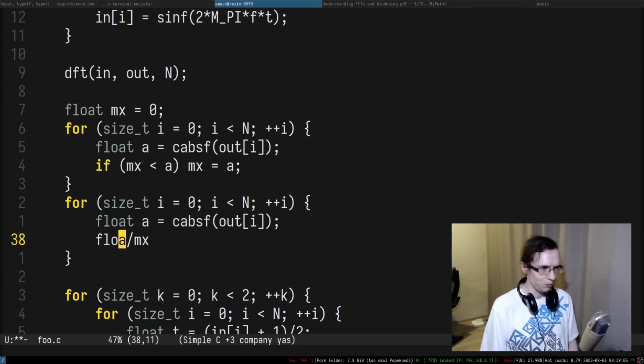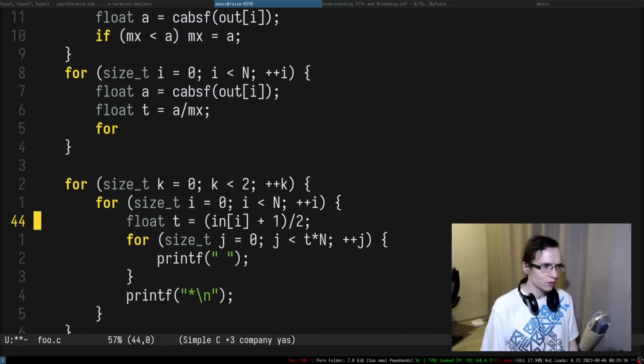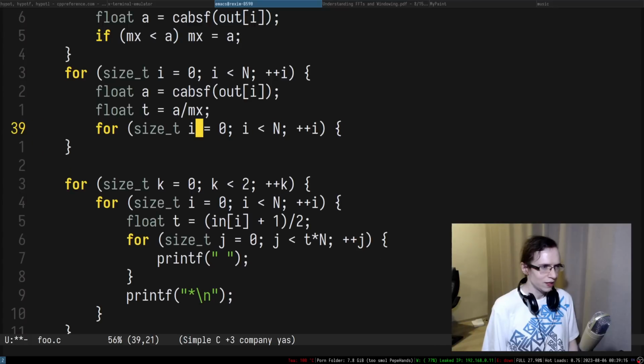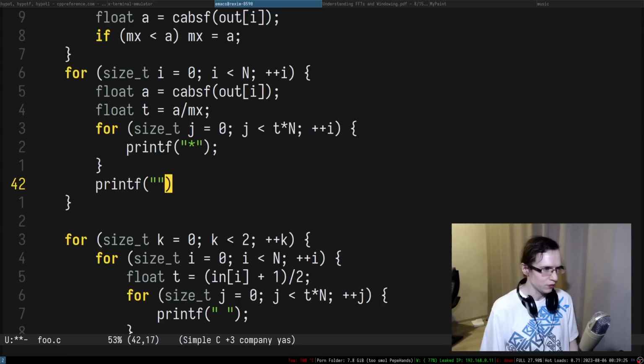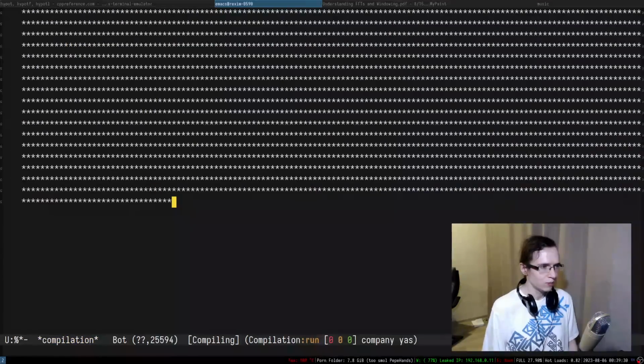That's basically what we want to have in here. And we can do this thing essentially. This has to be more like a j. We'll multiply by t, and we're just going to print stars in here. There we go.